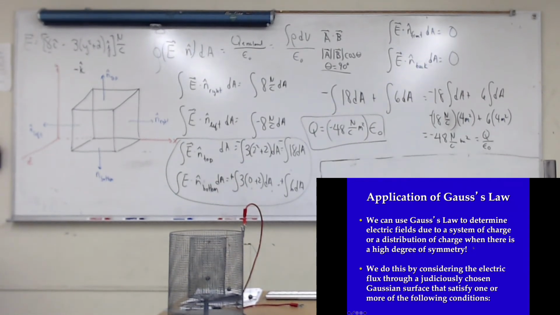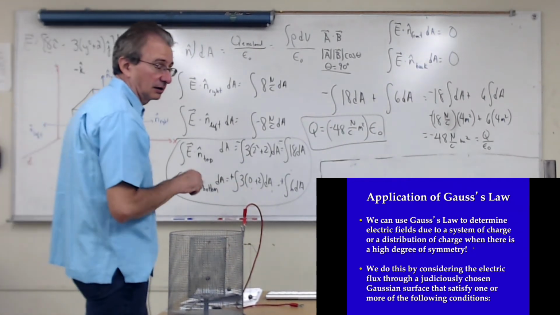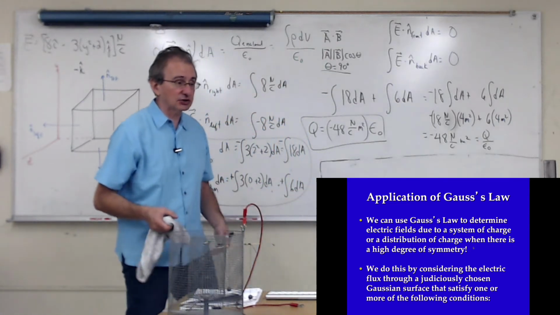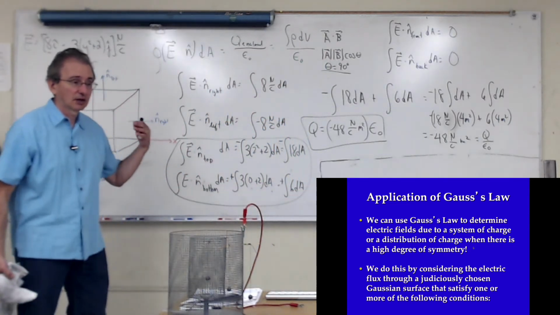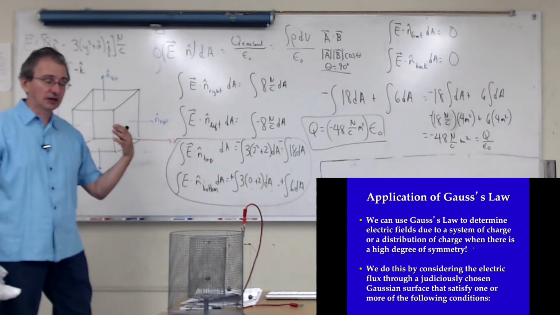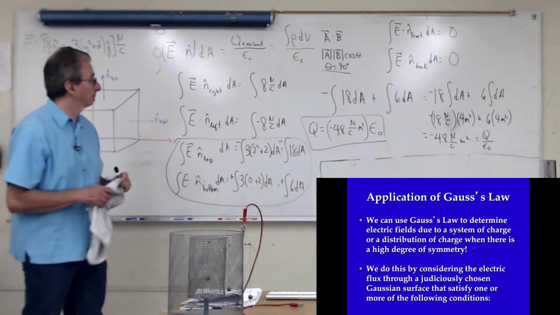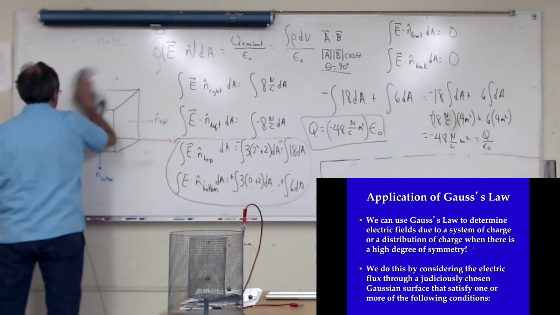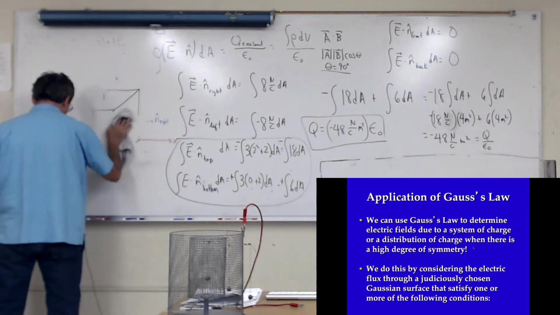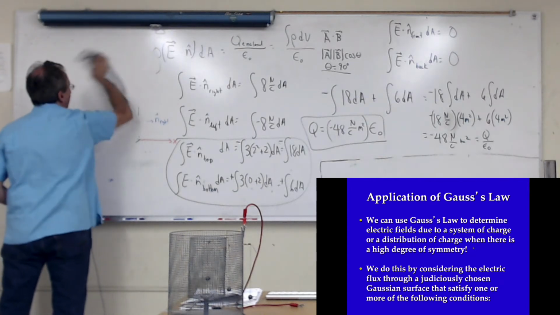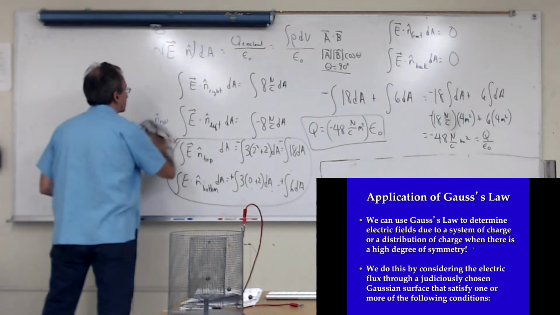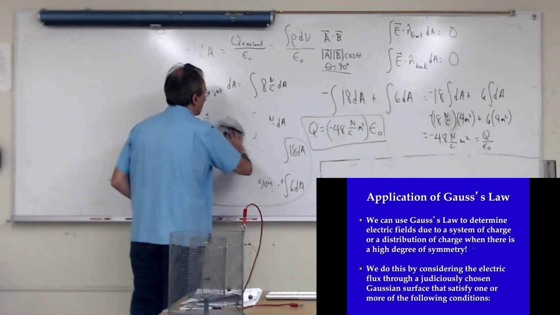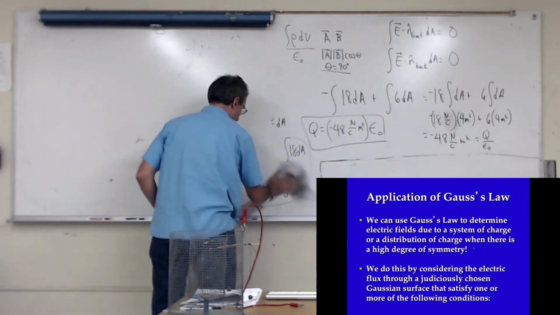So we can use Gauss's law to determine the electric fields due to a system of charges or a distribution of charges when we have a system that has a lot of symmetry. So let's write down Gauss's law. Now you're going to see the usefulness of Gauss's law, and the rest of the class is me doing examples.